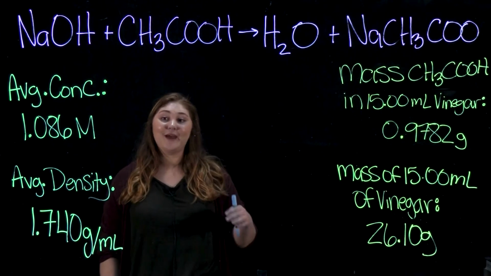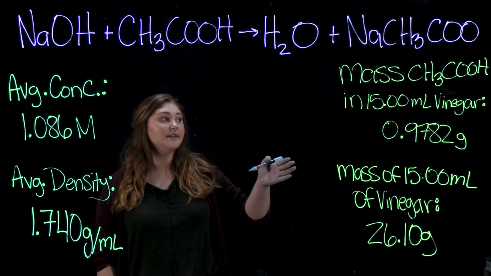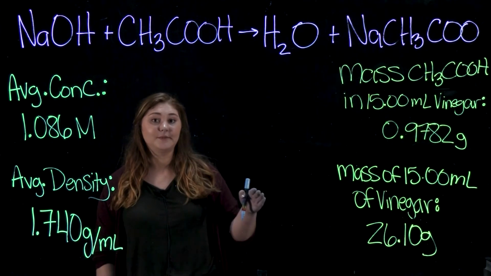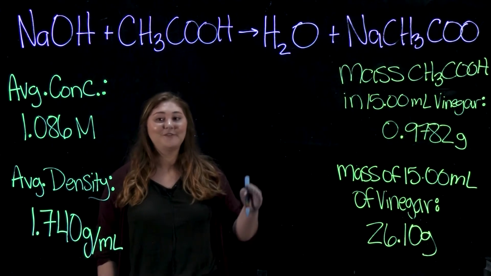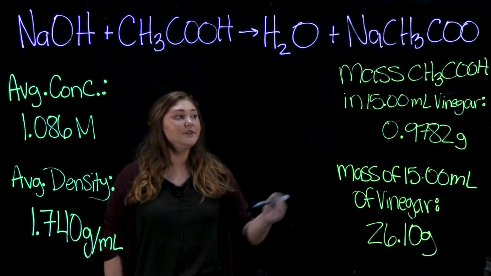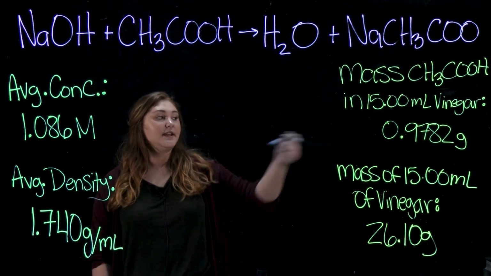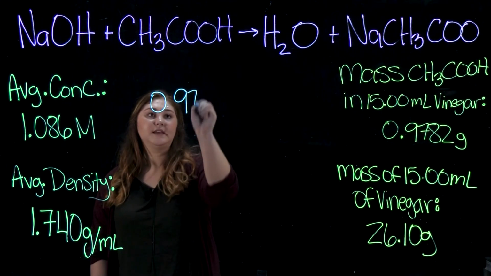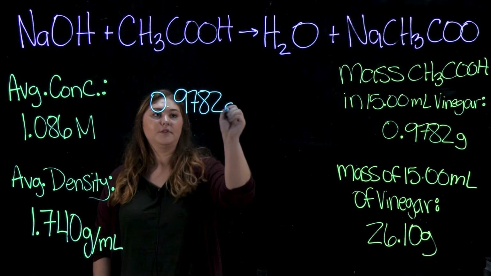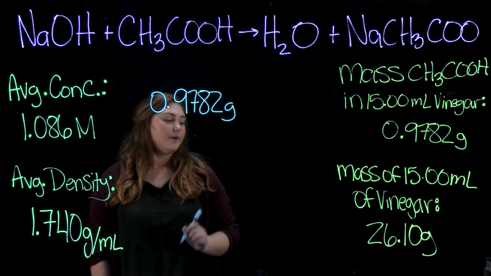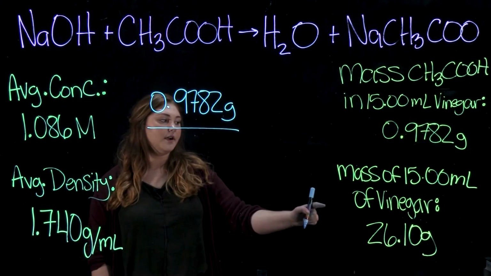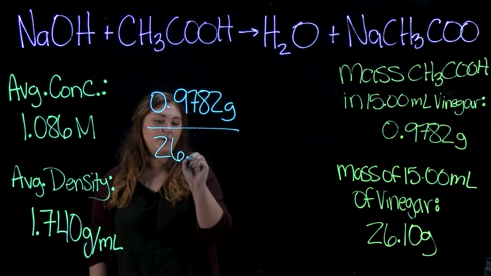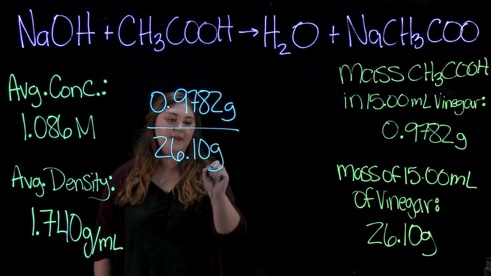Now that we've found the mass of acetic acid in a 15 milliliter sample of vinegar, and we found the mass of that same 15 milliliter sample of vinegar, we can finally solve for mass percent. We can do this by dividing the mass of our acetic acid, which in this case was 0.9782 grams, by the total mass of our sample, which in this case was 26.10 grams.